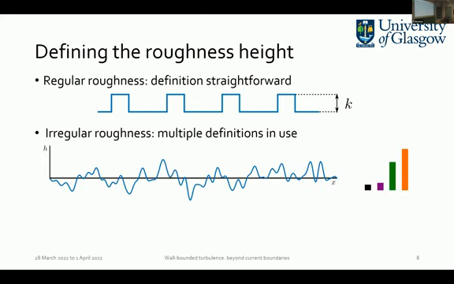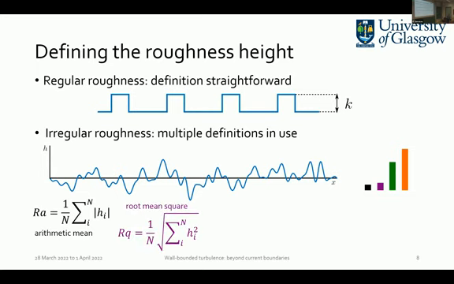Now, once you have an irregular roughness, you suddenly have multiple options to define your roughness height. For example, a very widely used parameter is the arithmetic mean of the height deviations from the roughness midplane. Of course, you could instead use the root mean square of these values, which might be mathematically more appealing since it's connected to the moments of the height distribution.